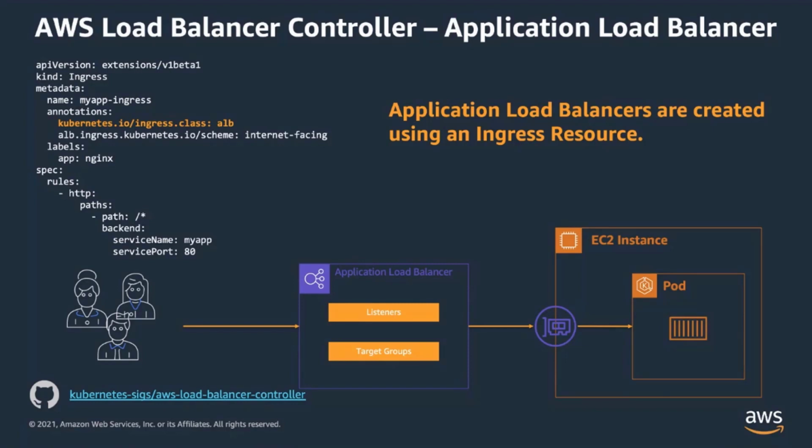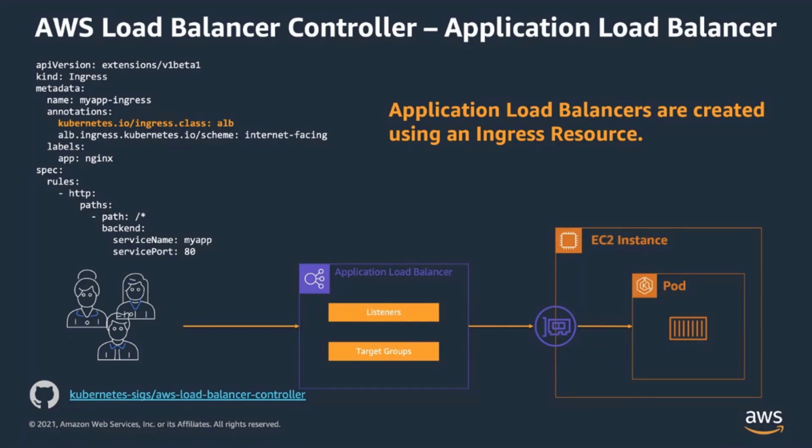Another really important point is that a single ALB can support multiple ingress objects. ALBs have a service quota of 100 rules per load balancer. Those rules are used to perform the routing, and it's how a single ALB can support dozens of ingress objects.